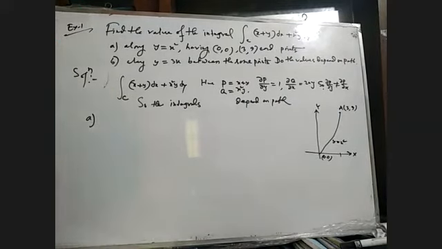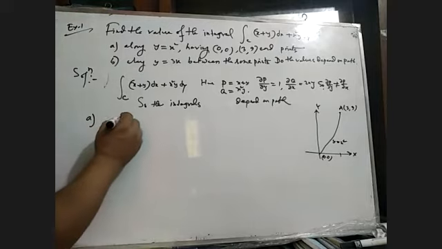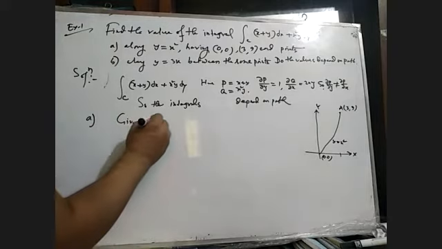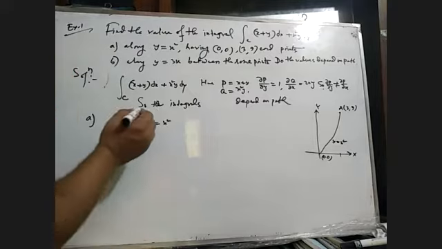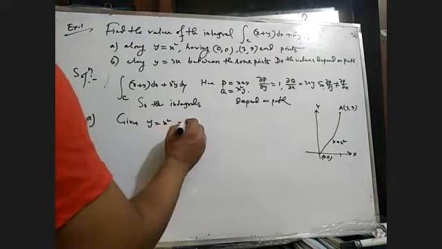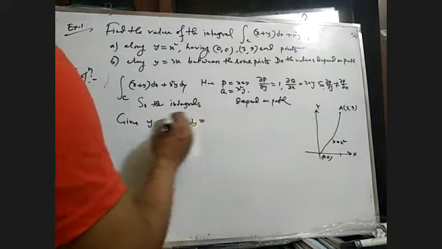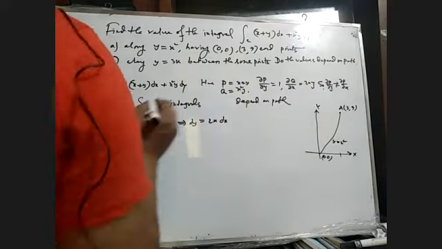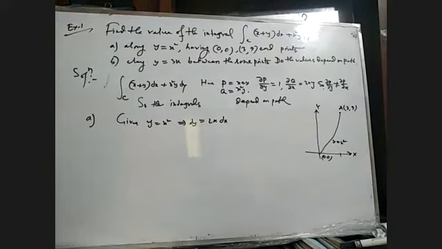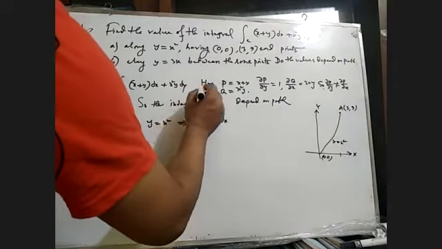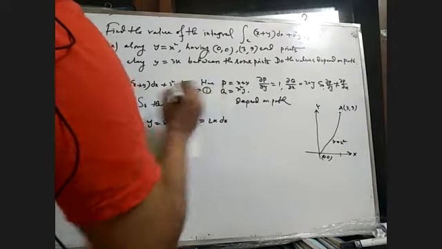For the first part, given y equals x square, we find dy equals twice x dx. Suppose this is equation number 1.